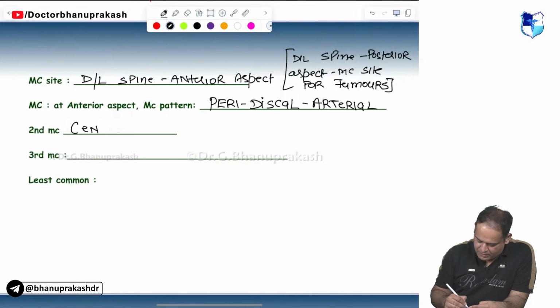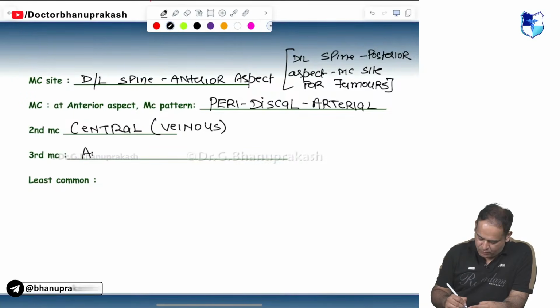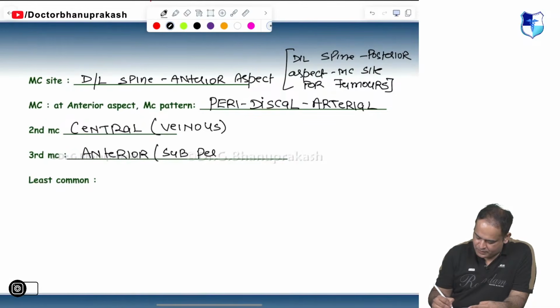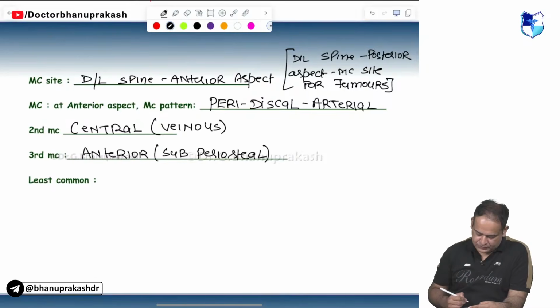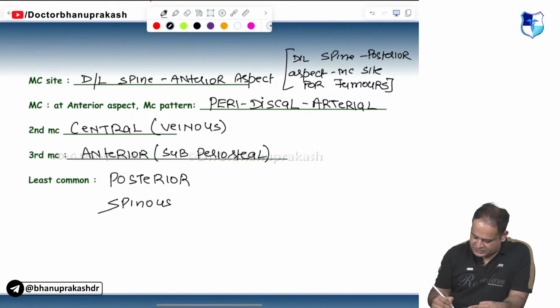Second most common pattern is central, when the bacteria reach by veins. Third most common type is anterior, that means subperiosteal. Least common is posterior. Fine. Which part? Spinous process.